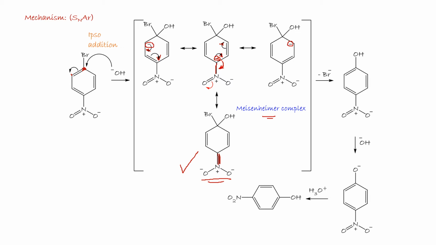Anyway, after the formation of this intermediate, it expels the Br out and forms the C-OH. Since this reaction is in basic medium, the phenolate will form, which needs to be acidified in the workup of the reaction to give the phenol.